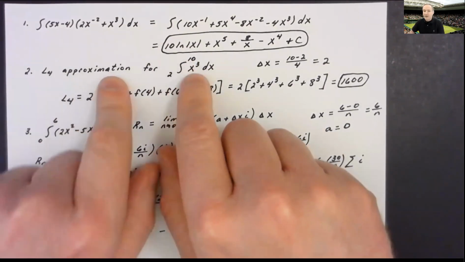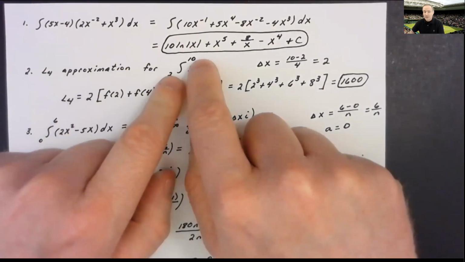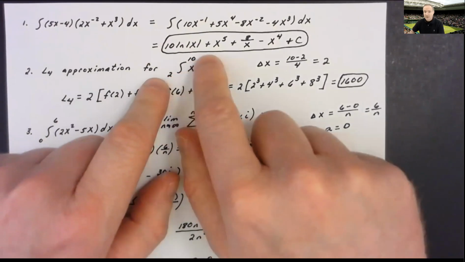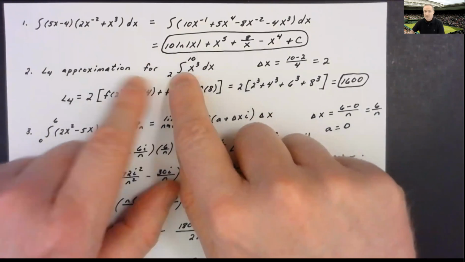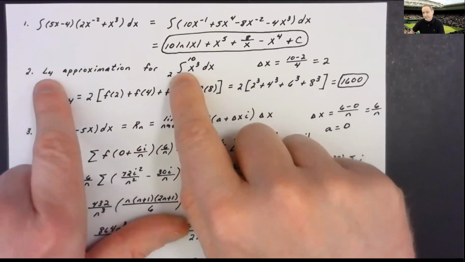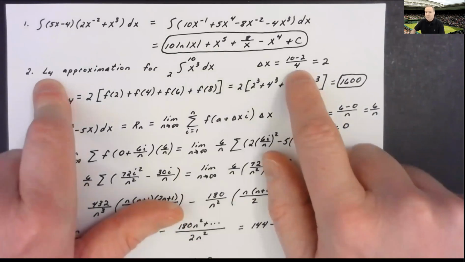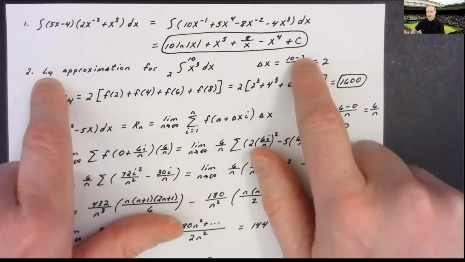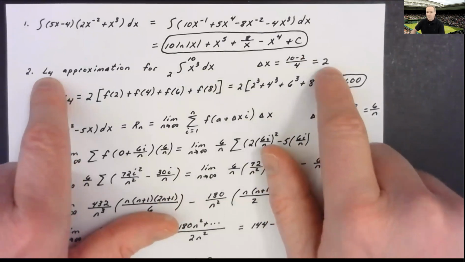And I know if it has 4 rectangles, then the width of each rectangle is the width of the entire region that you have to evaluate: end point minus beginning point, 10 minus 2, divided by the number of rectangles. Well, L4 has 4 rectangles. So the width of each rectangle is going to be the total change in x of 8 divided by 4. Well, the width of each rectangle is 2.